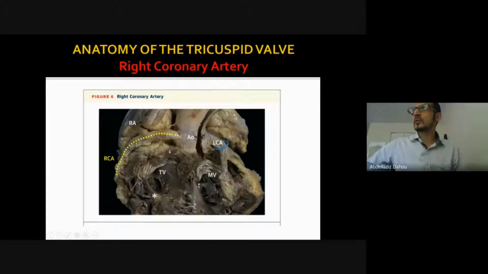It's quite distant on the proximal part, and it may cause sometimes coronary injury during the procedure when doing transcatheter annular device implantation. So this is very important to study before the procedure. We use CT scan and angiography to characterize the coronary and the distance between the two structures.